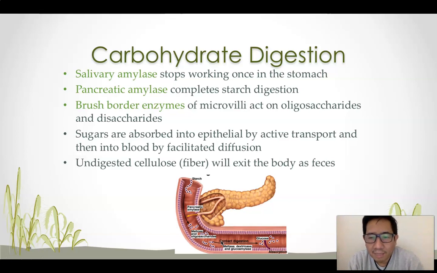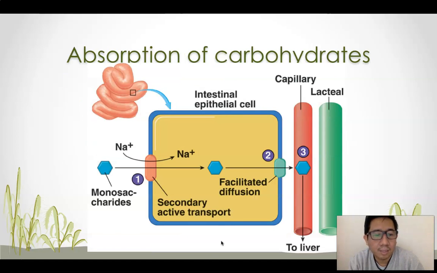Fiber, the rest of it, doesn't digest, doesn't absorb, and goes out into feces. For absorption of carb, you have secondary active transport coming into the epithelial cells, and then facilitated diffusion, not a lot of work, going into the capillaries and then the veins, and then into your liver.